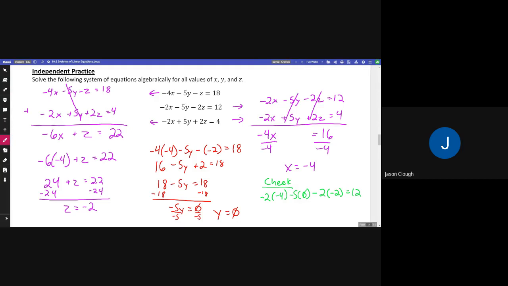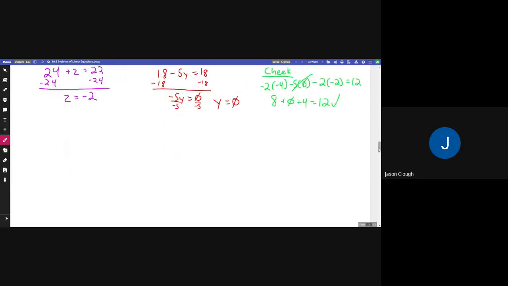Negative 2 times negative 4 is positive 8. 5 times 0 is 0, so plus 0. Negative 2 times negative 2 is positive 4, and 8 plus 4 does equal 12. So our final solution will end up being x equals negative 4, y equals 0, and z equals negative 2.